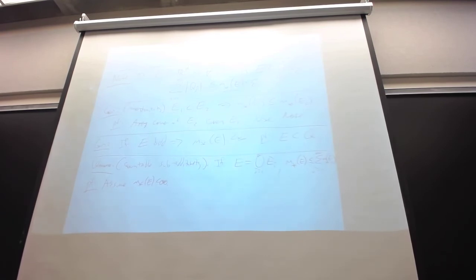What do you want to do? Yeah? Do you want to intersect with a big enough square or cube? What do you mean? Oh, sorry. If its measure is finite, then if you go out far enough, it has small measure out there.